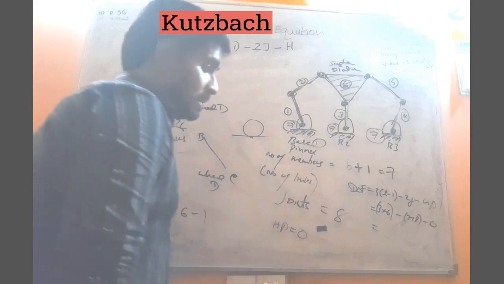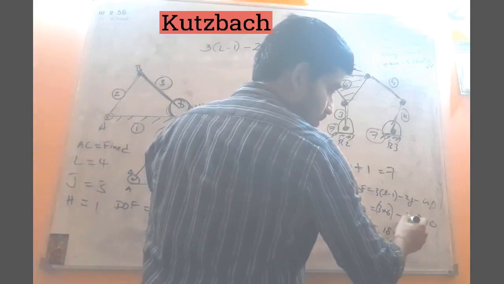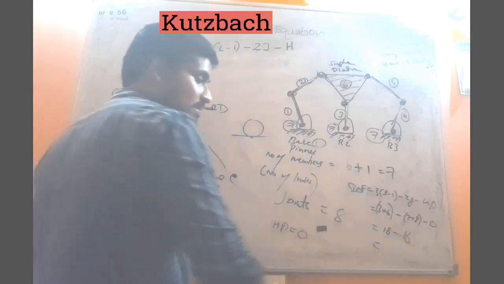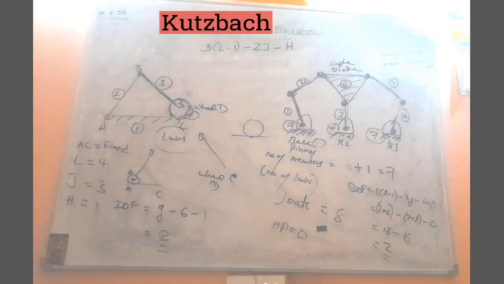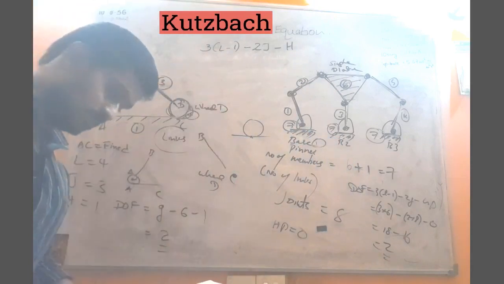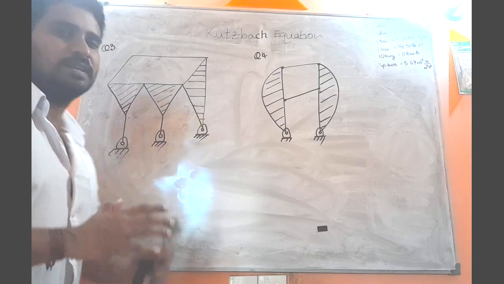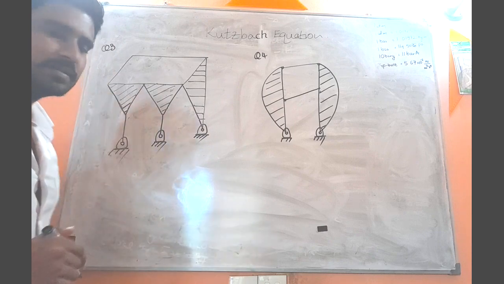Then 3 times 6 is 18. 2 times 8 is 16. 18 minus 16 is 2. So the number of degrees of freedom for this system is 2.